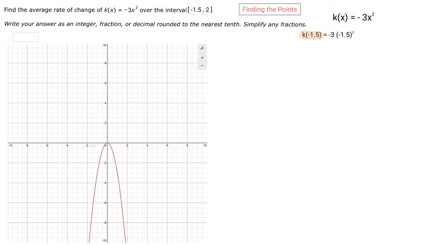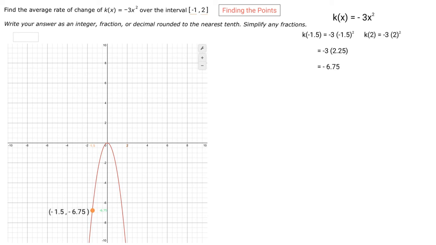This represents the y value that the function k spits out after you plug in negative 1.5. This, on the other hand, negative 3 times negative 1.5 squared, is a multiplication. So that's what we'll be calculating, starting with the exponent first. So here you see we get a value of negative 6.75 for the y value of the first point, which was close to what I had estimated, but I was still off by about 15/10.